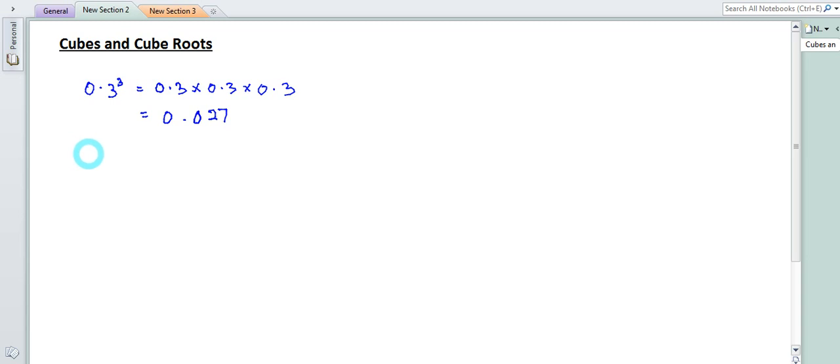Okay, let me try another one. 0.8 cubed. Okay, let me write down 0.8 times 0.8 times 0.8 first.